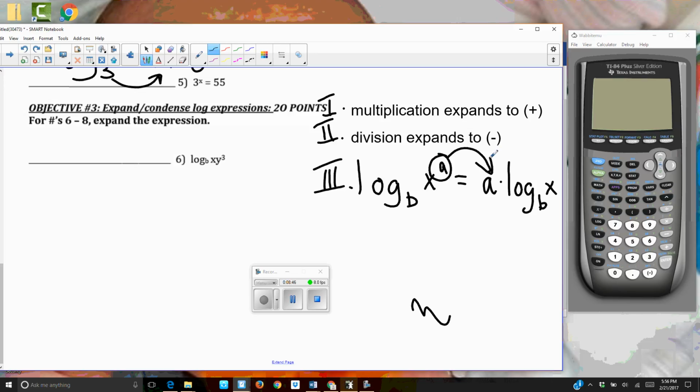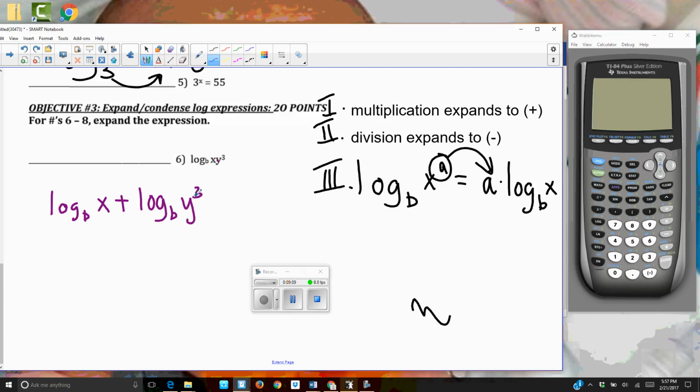So letter C, you notice you have one logarithm, so that means we're expanding this to multiple logarithms. We're multiplying x and y to the third. So again, multiplication expands to addition. So our first step here in this problem is to rewrite this as log base b x plus log base b y to the third.